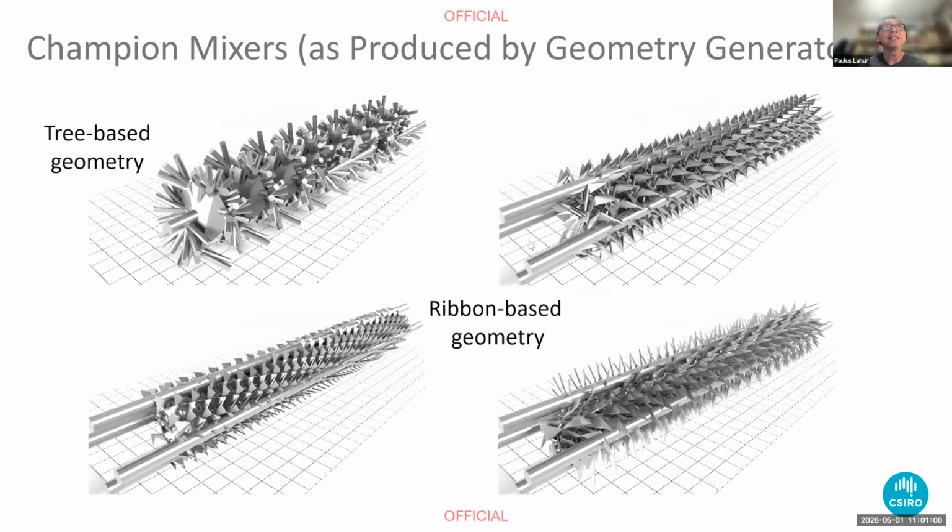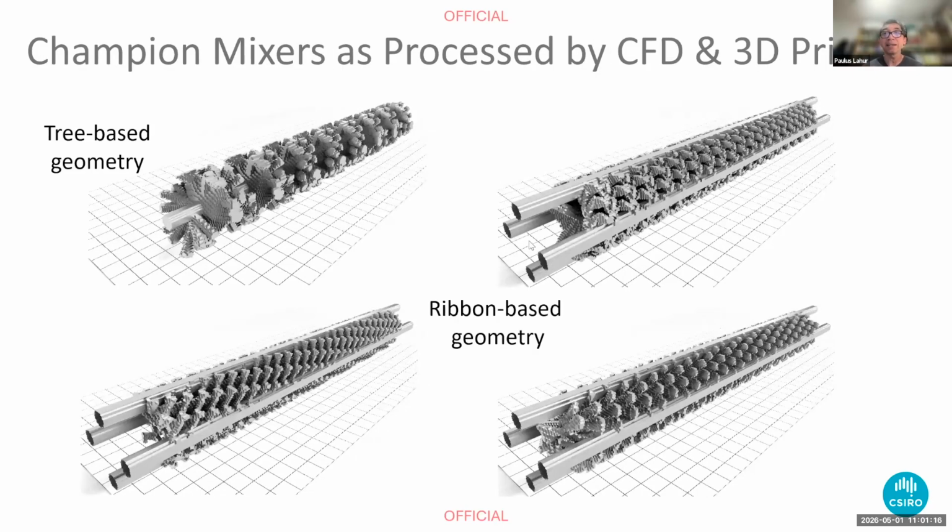By the way, the difference between these two successive slides that I just showed you is that this one showed the geometry as it was generated by the geometry generator, and the second one is how it's perceived by the CFD solver and by the 3D printer. The 3D printed geometry looks similar to this, actually a bit uglier. The diameter is on the order of 1 centimeter, so it's pretty small.